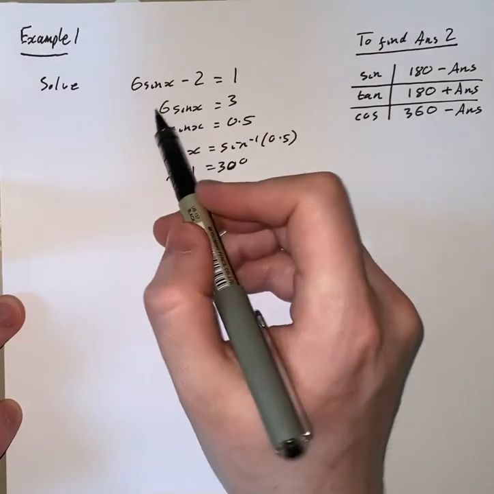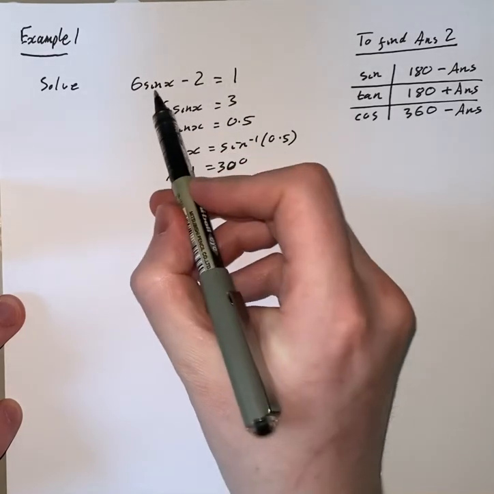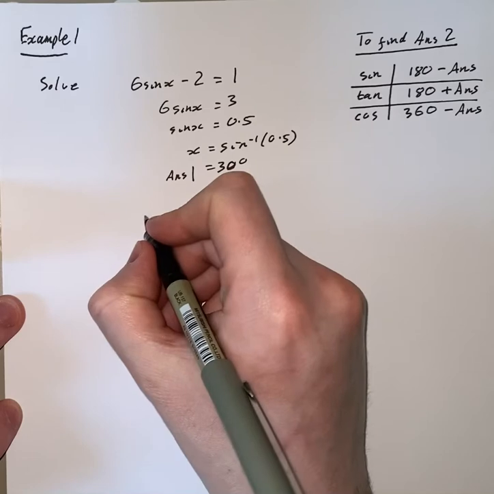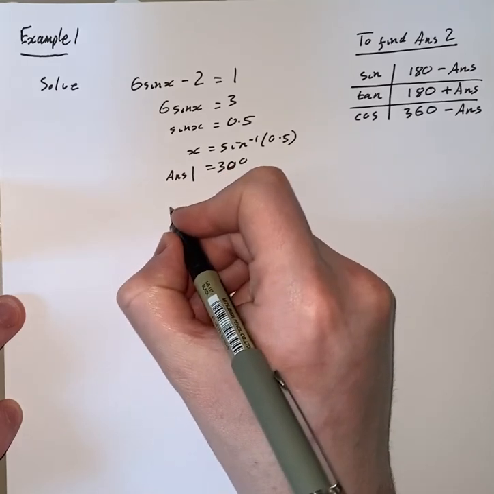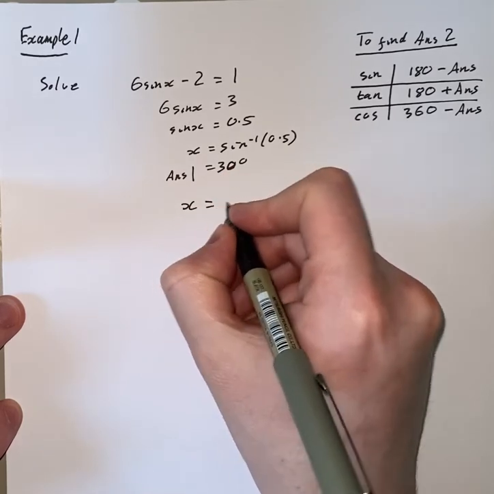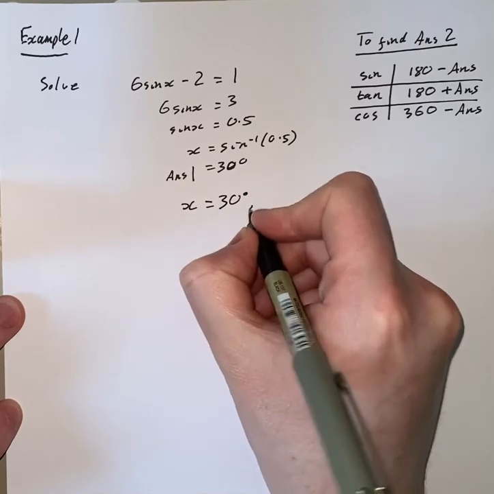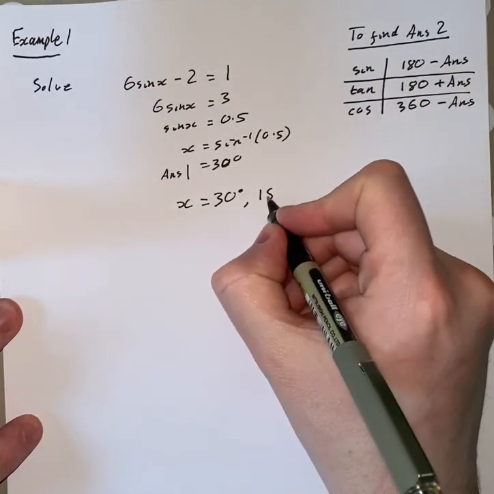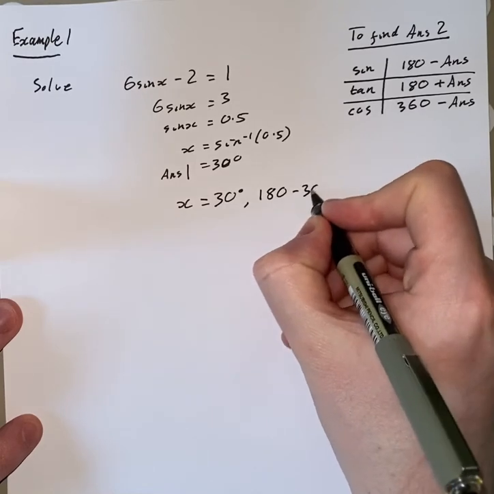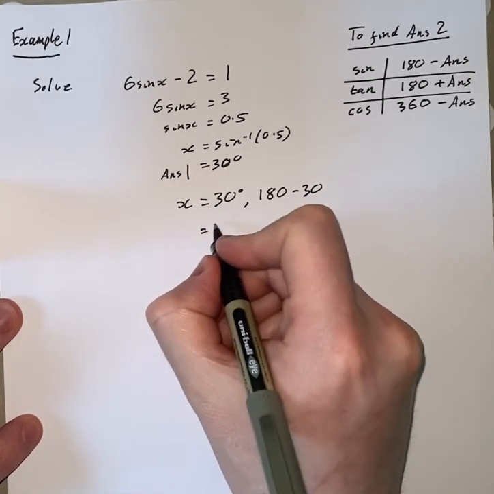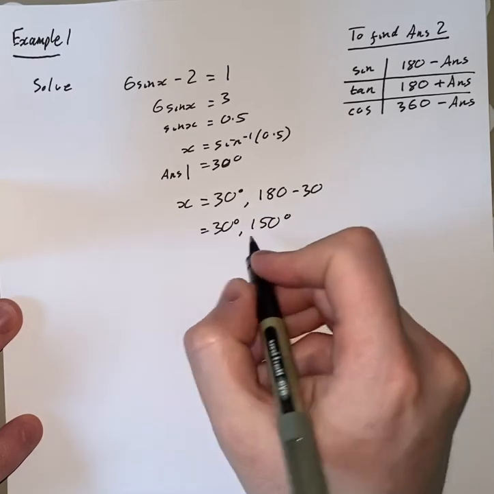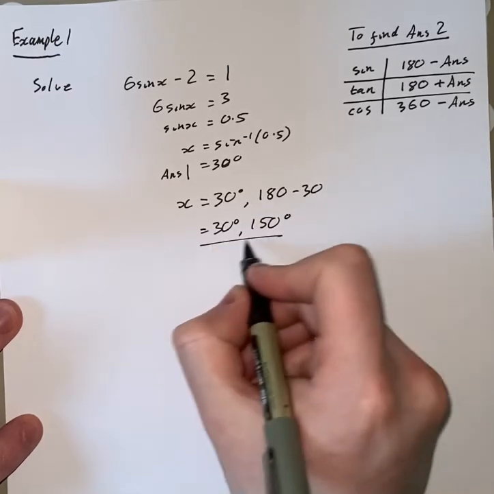Because in this particular example we've looked at a sine problem, answer 1 is 30 degrees, and so our answers for x are 30 degrees and also 180 minus 30. So our final answer is 30 degrees and 150 degrees.